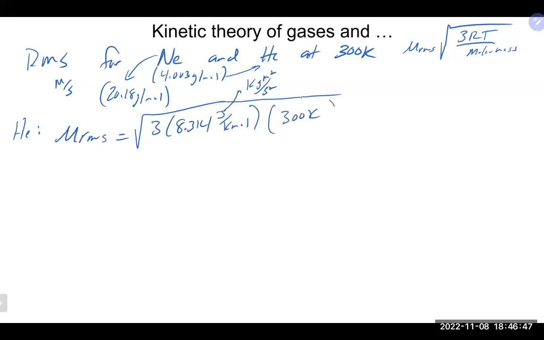And by the way, it does need to be in Kelvin for it to cancel out correctly with the Kelvin that is here. Once again, because really that joule is a kilogram meter squared per second squared, we do need to convert our grams per mole into kilograms per mole, which means we're going to move the decimal place 3 places to the left or divide by 1,000.